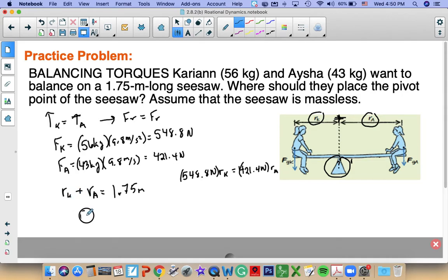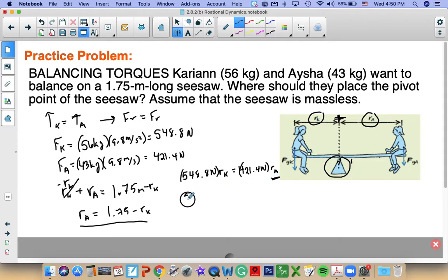So let's solve for Aisha's radius. I'd have to move that to the other side, like so. Use a little bit of algebra, and I have this equation now, 1.75. That's meters. The unit doesn't really have to drag along with us right there. So now what can I do with this equation? I can take that and plug it into there.